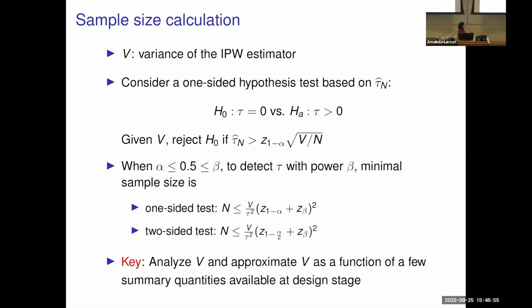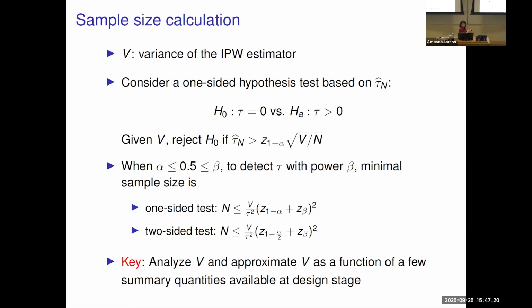What you probably have is a few summary quantities available at the design stage, so we try to approximate V as a function of those. So the question is really hard. First of all, I don't even know what summary quantities I need to uniquely identify it. Even if I know, I need to come up with a formula so that V can be well approximated. So in a sense, it's a reverse problem.